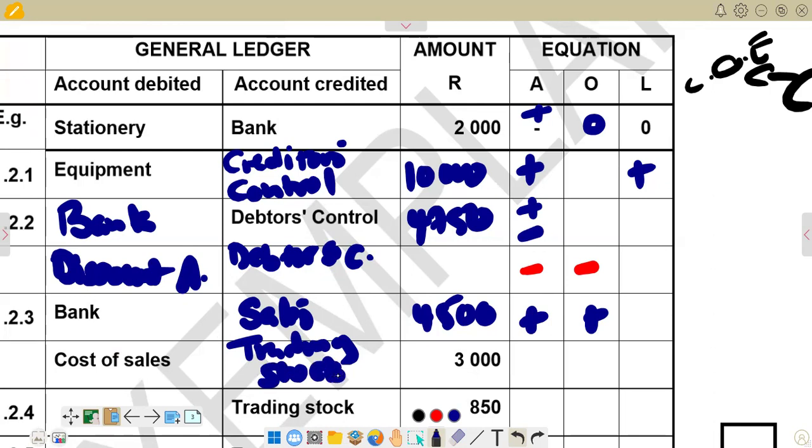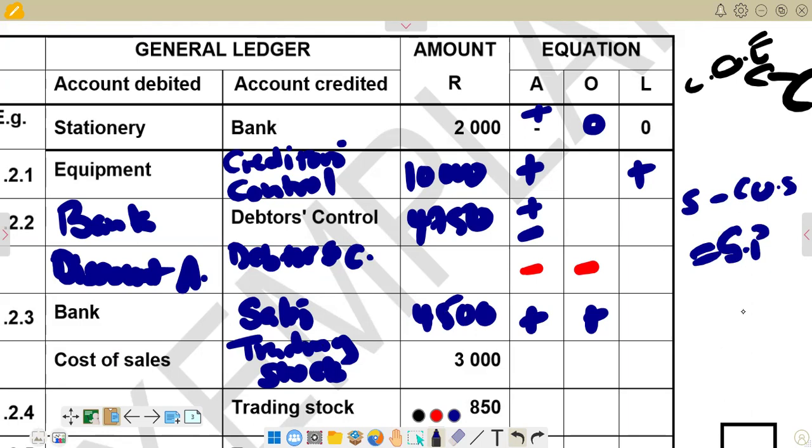So the effect on the accounting equation now, cost of sales obviously is going to reduce the amount of the net profit. Remember, we say sales minus cost of sales, then we get our gross profit.